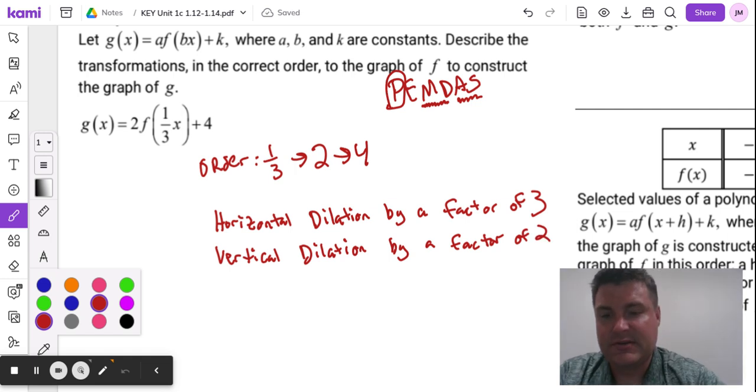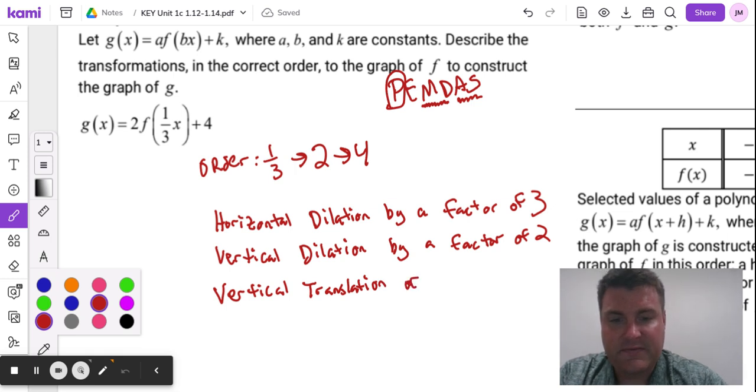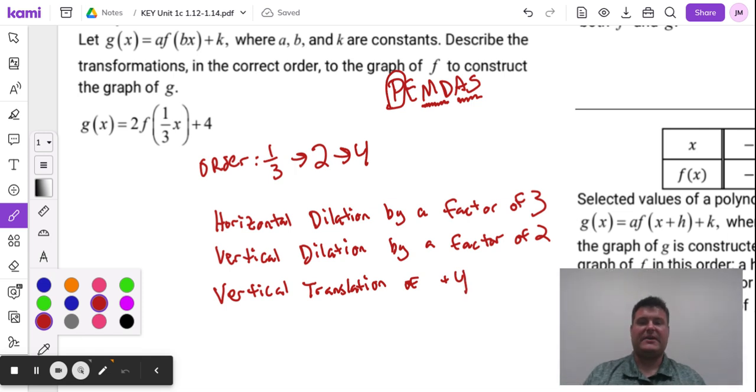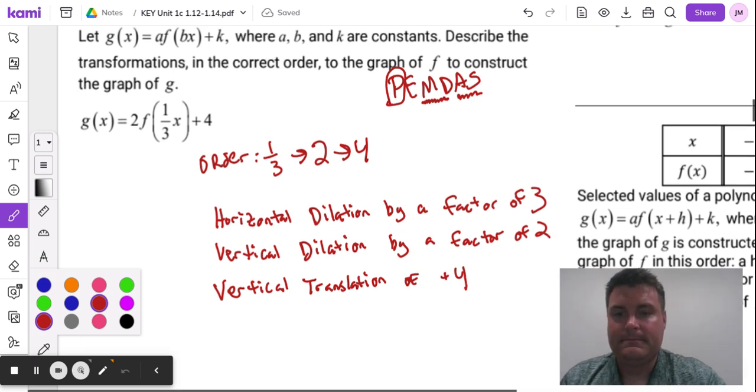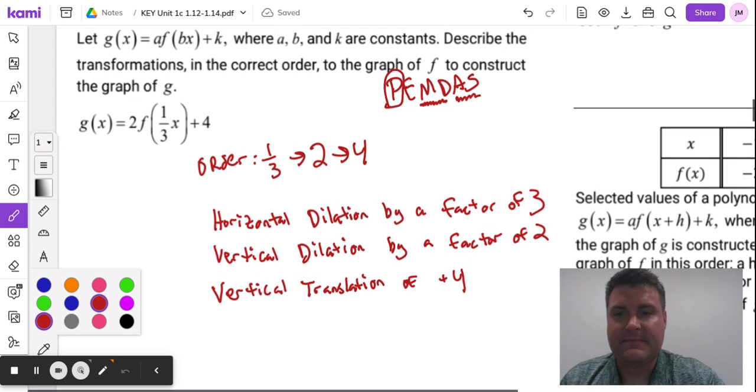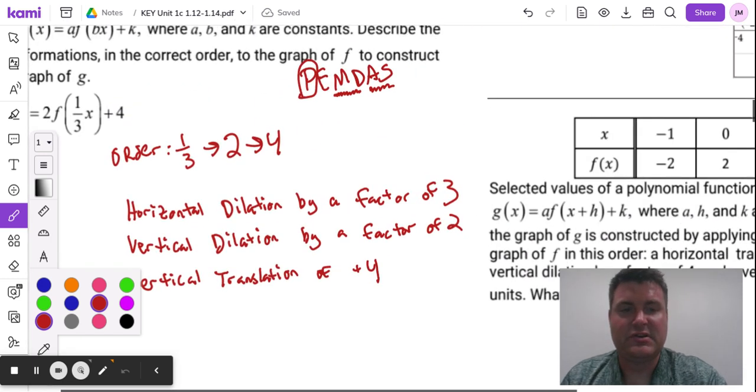And then the 4 is going to be a vertical translation of positive 4 right there. Okay, so that's us naming everything in that order right there. Okay, so that's me describing my transformations.